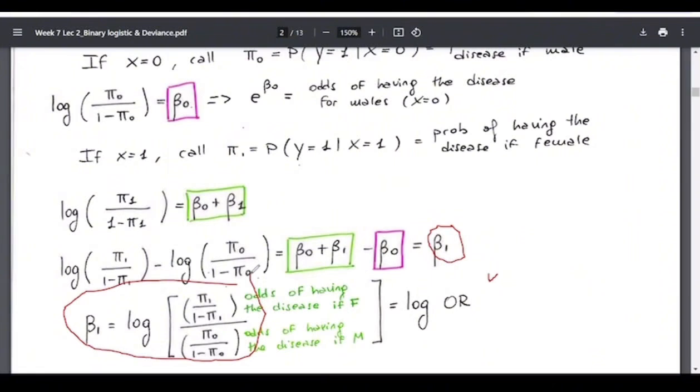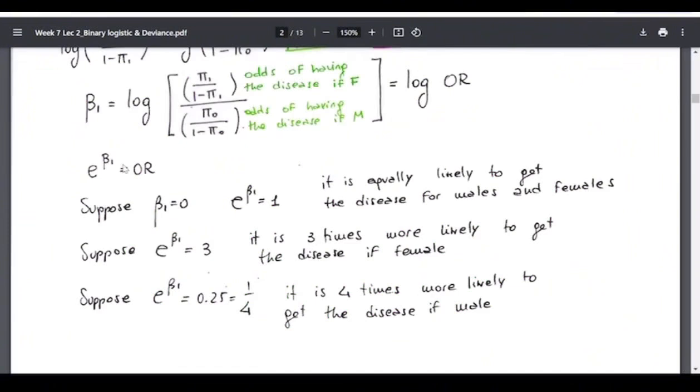Please pay attention. What we're doing now is theoretical. Now, we want to give it an interpretation. What did I say the other time? The log of the odds ratio is beta 1. But the log of the odds ratio is difficult to interpret. When we exponentiate that, it's going to be called the odds ratio, and that is what I actually have here. Take a look at that.